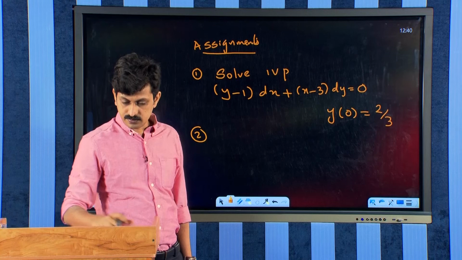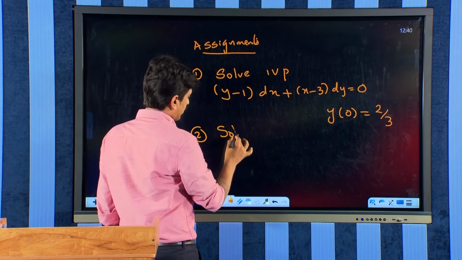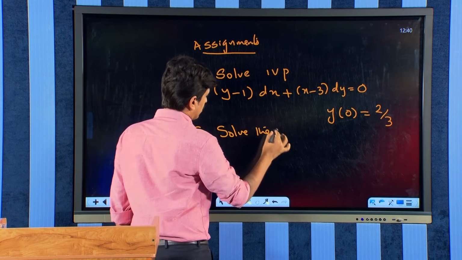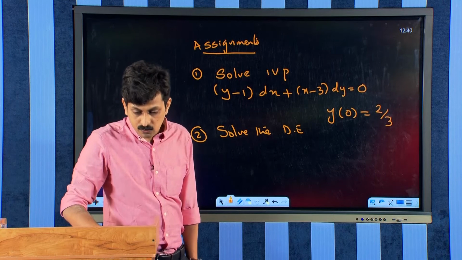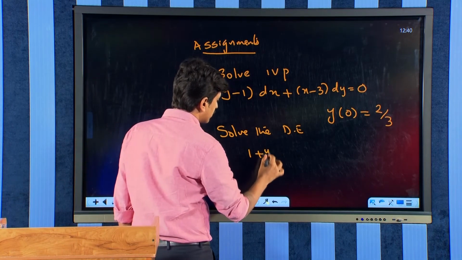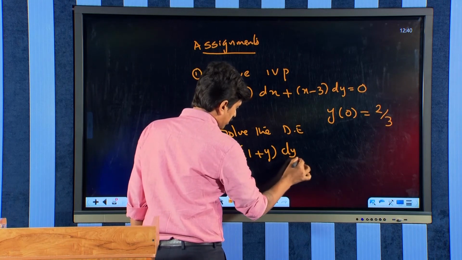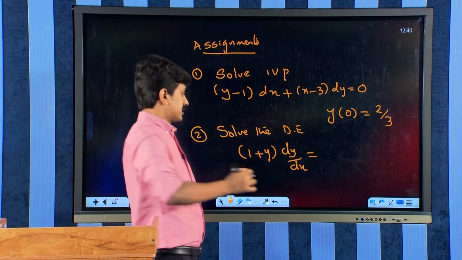Solve the differential equation: (1 plus y) dy by dx is equal to 1 minus x.